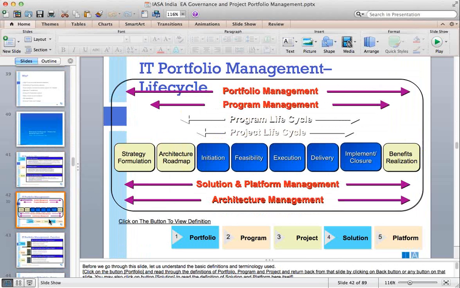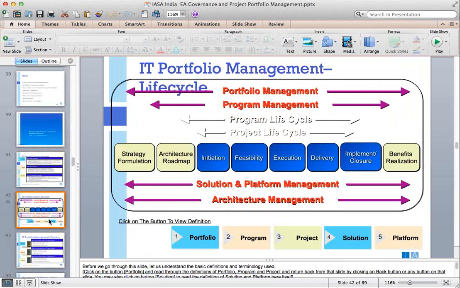One is program management. The other is a project within the program. You have solutions within projects, or cross solutions across projects for a program, and certain platform management. So when it comes to overall architecture management, it is portfolio management which is to be involved, including solution and platform management and architectural management.